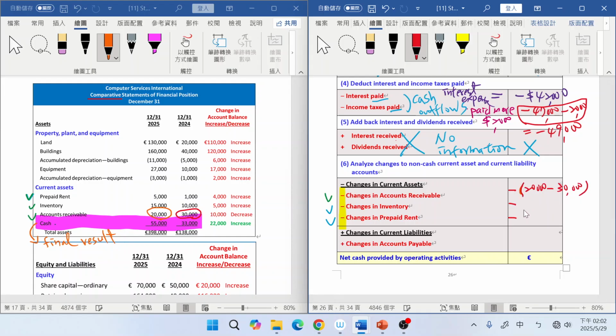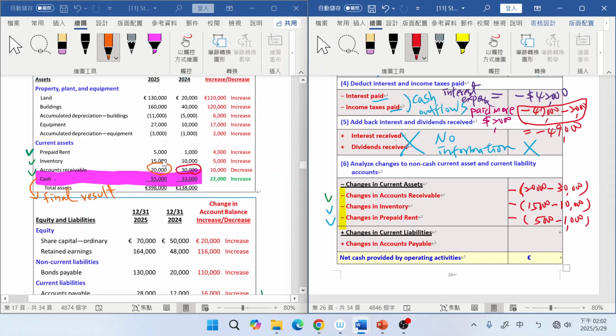Okay. How about inventory? 15,000 minus 10,000. How about prepaid rent? 5,000 minus 1,000. Okay, any questions? Minus ending minus beginning because that's our formula.